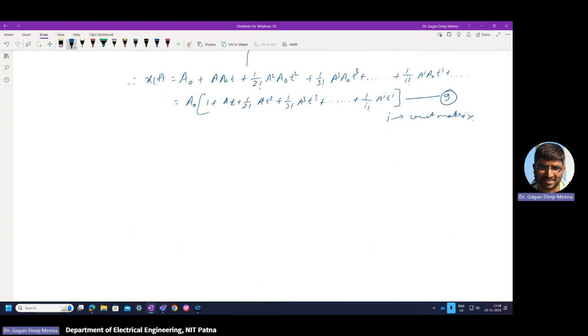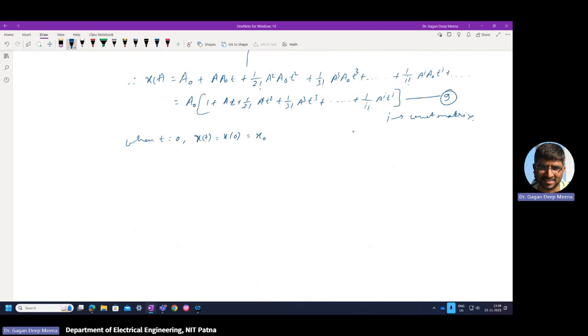Now this is your solution for x of t. As we know, when t equals 0, x of t would be x of 0, which is the initial condition.